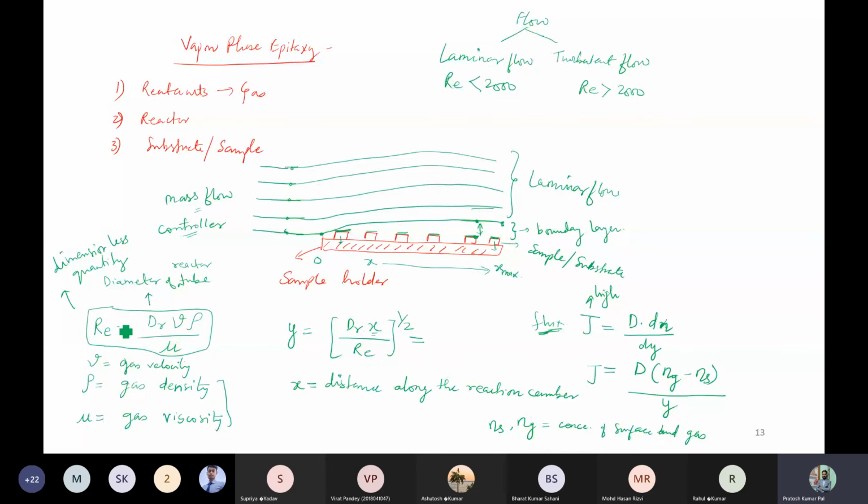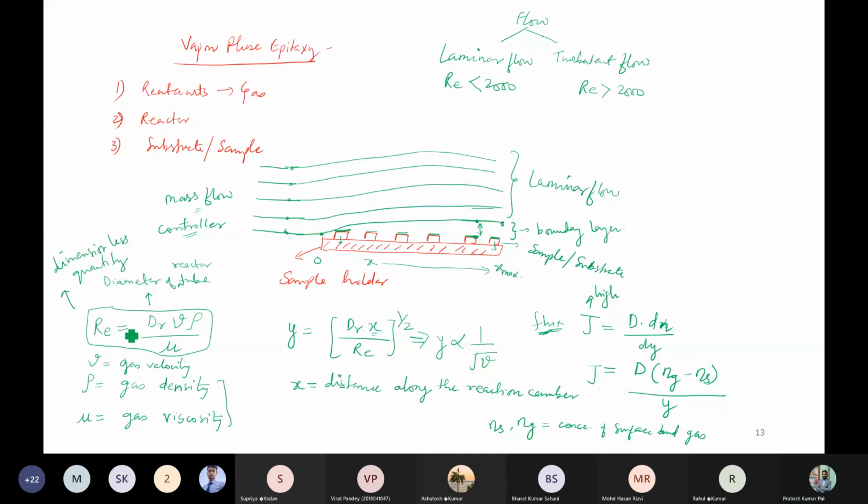R is directly proportional to v, so v will be in the denominator, so y will be inversely proportional to the square root of v. So if we increase the velocity, y should go down. y should be low to have better deposition, so the velocity should be high, but not so high that the Reynolds number exceeds 2000.